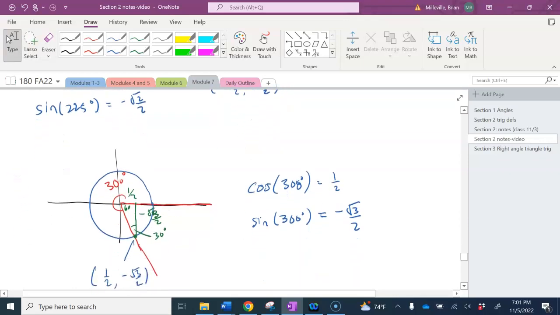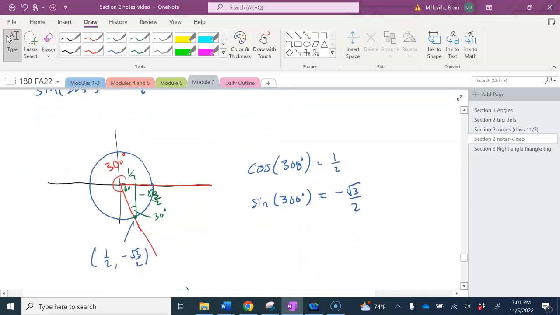Similar for 300. All right, if we look at the 300 degree angle drawn here, with the initial side on the x-axis, we would go 300 degrees. 360 minus 300 is 60, which shows us that our reference angle, the acute angle between the terminal side and the x-axis, is 60, and therefore we can label across from the 60 degree angle, in this case negative square root 3 over 2, across from the 30 degree angle, positive 1/2.